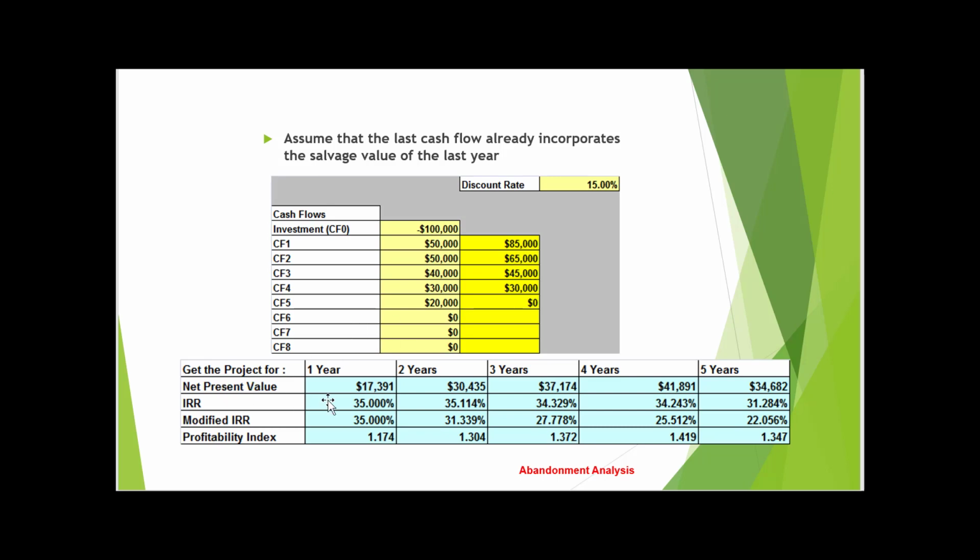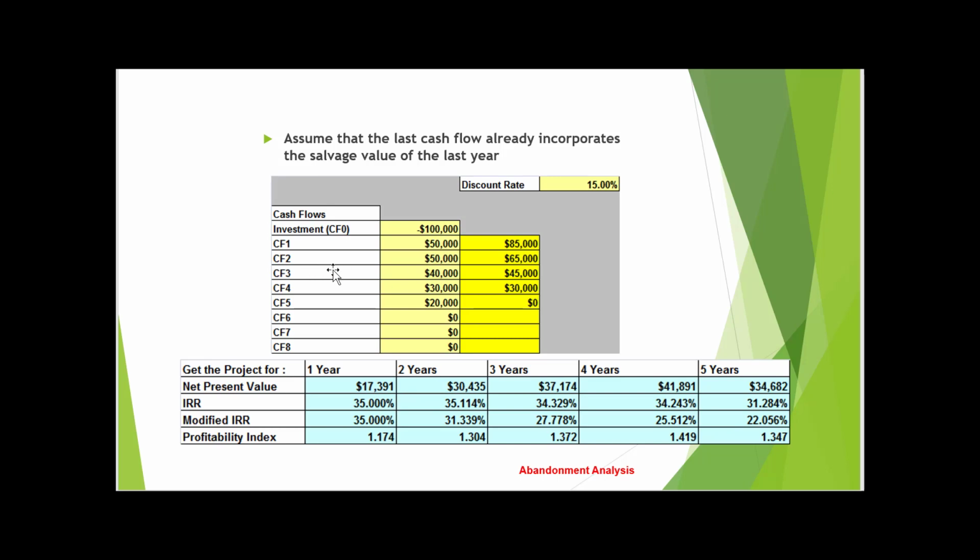But now we just want to look at net present values. If you do this project for 1 year, you spend $100,000. At the end of the year, you earned $50,000, and you sold the asset for $85,000. So the cash flow for year 1 is $135,000. That net present value would be 17.3, or 17,000.